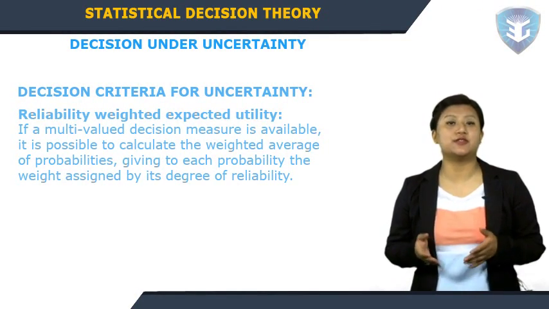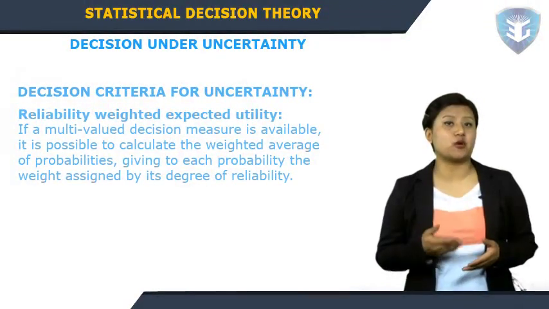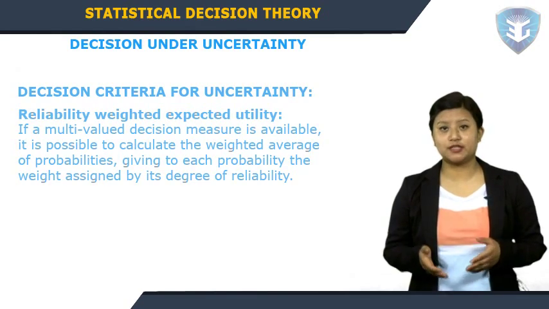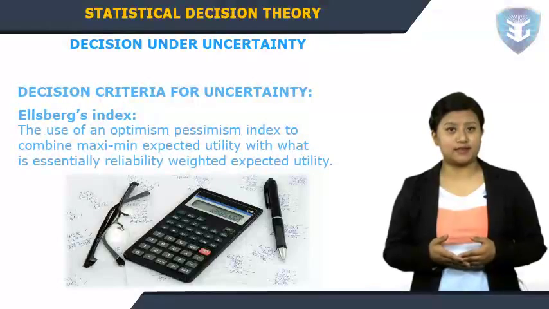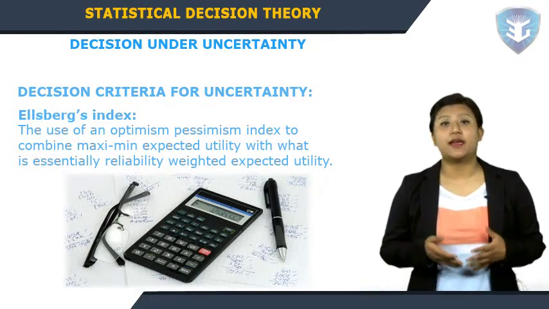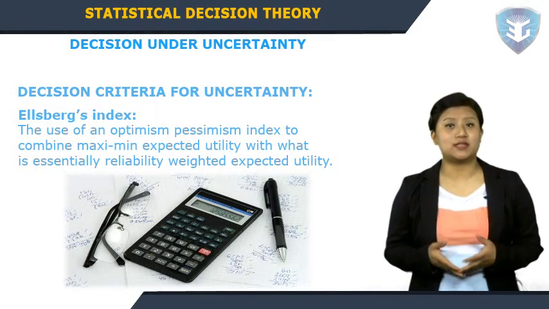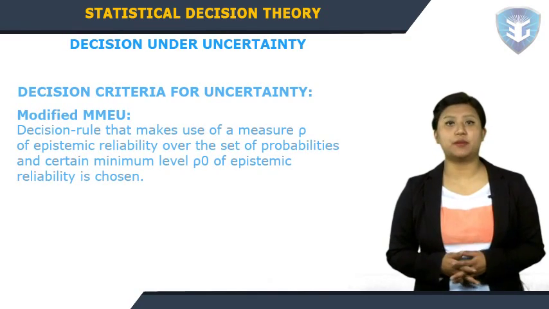If a multi-value decision measure is available, it is possible to calculate the weighted average of probabilities, giving to each probability the weight assigned by its degree of reliability. Ellsberg index. The use of an optimism-pessimism index to combine maxi-min expected utility with what is essentially reliability weighted expected utility. Modified MMEU.